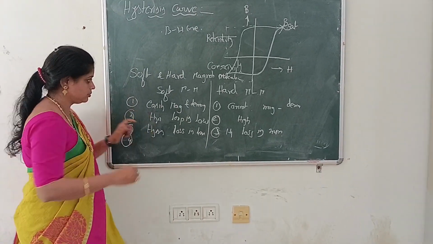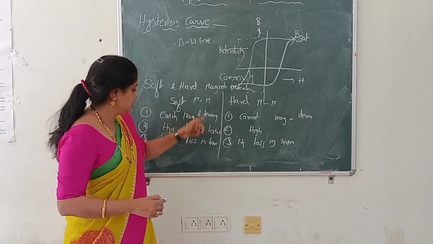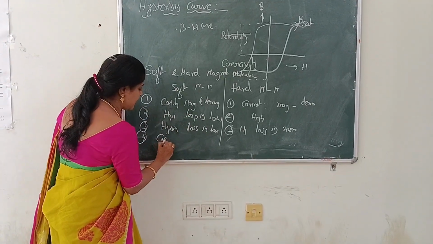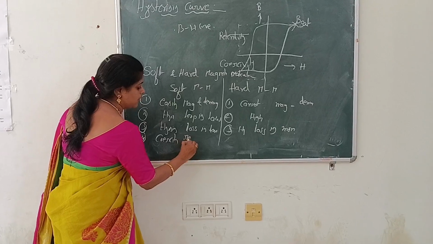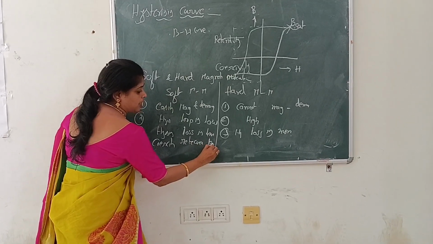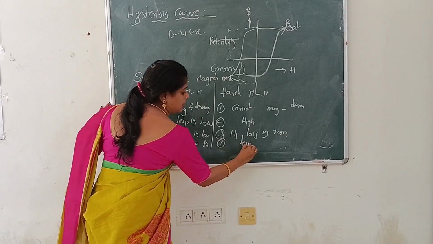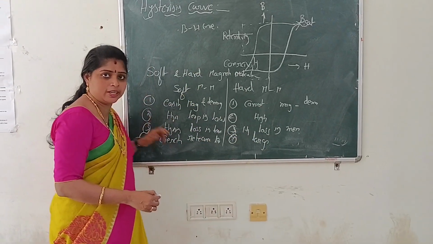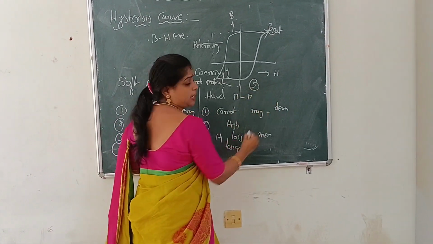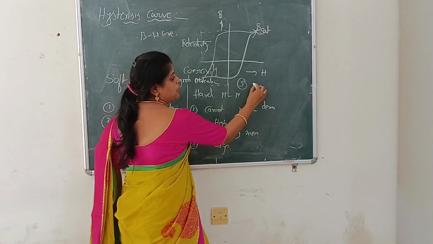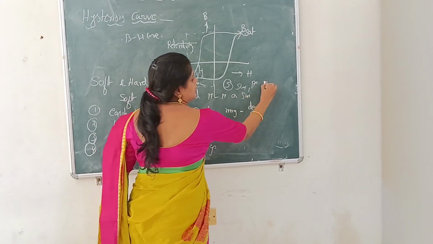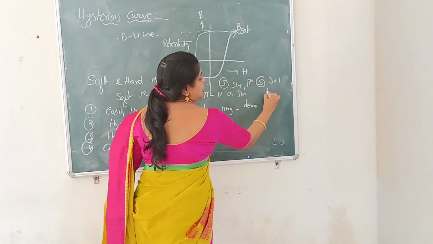For soft materials, coercivity and retentivity are less. Here coercivity and retentivity are large. For soft materials, magnetic susceptibility and permeability are small. Here susceptibility and permeability are large.